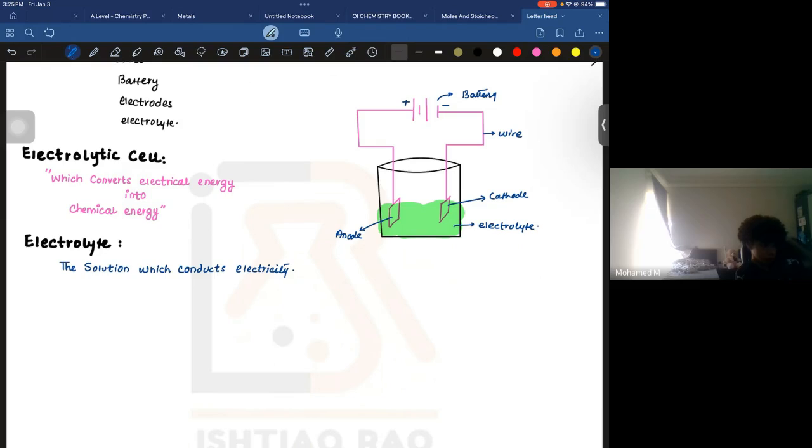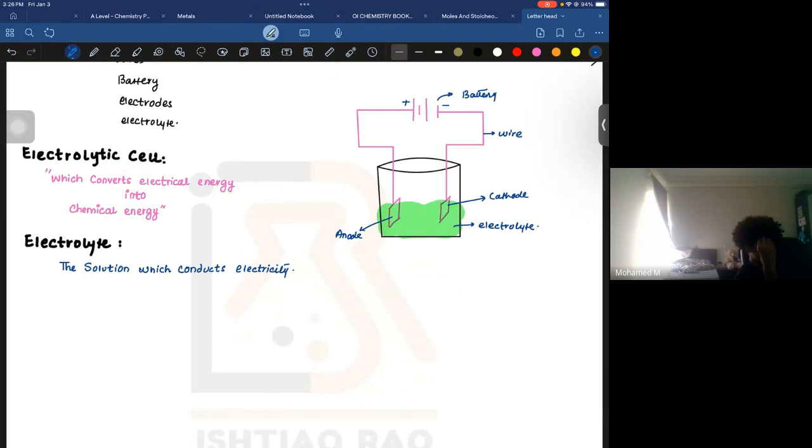It may be sodium chloride, it may be magnesium chloride, it may be water, it may be anything else. Also, you know that all the ionic compounds are good conductors of electricity in their aqueous state or in their molten state. Some covalent compounds are also good conductors of electricity in their aqueous state, such as hydrochloric acid, HCl, H2SO4, HNO3.